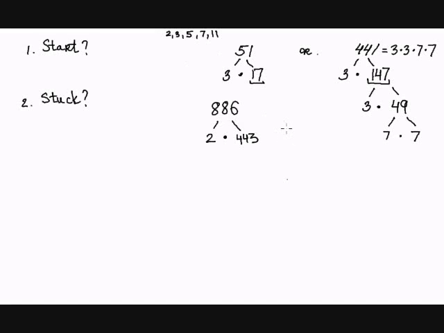So let's do the divisibility test by 7. We have to subtract twice the last digit, which is 3, from the rest of the number. So 44 minus 6 is 38. 38 is not divisible by 7, therefore the whole number is not divisible by 7.